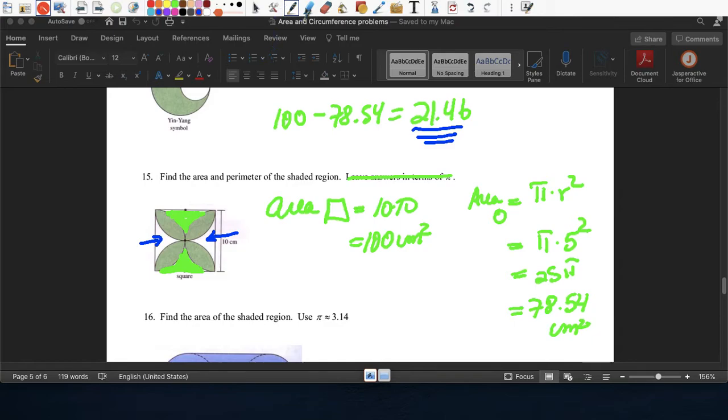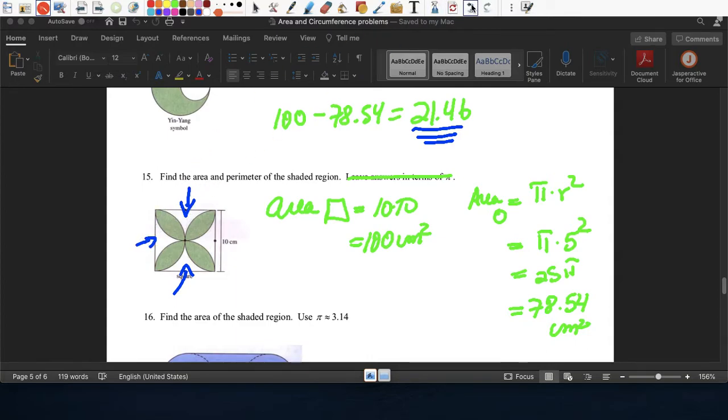Okay, just hold on, bear with me, okay? So now, if I erase that, I know how much this is. These two parts are also 21.46, correct? Right? Because they're exactly the same as this one and this one. So I know what that is.